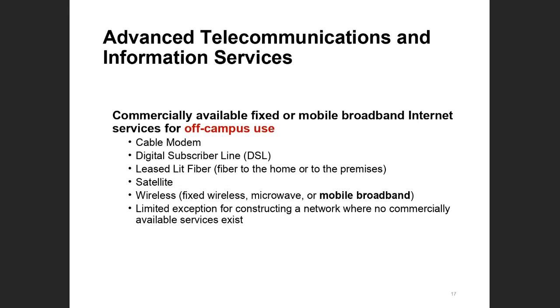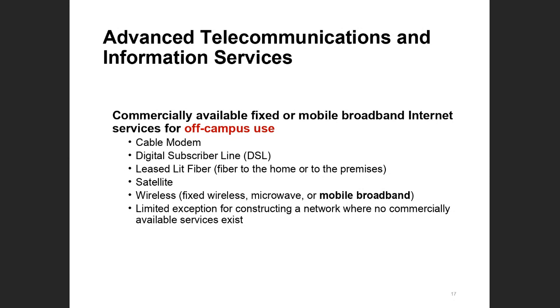And this is a bit wordy, but we've now come to advanced telecommunications and information services, otherwise known as ways to get on the internet. So really any commercial type of internet service is potentially eligible for the Emergency Connectivity Fund, keeping in mind that we're doing off-campus or off-library property use.